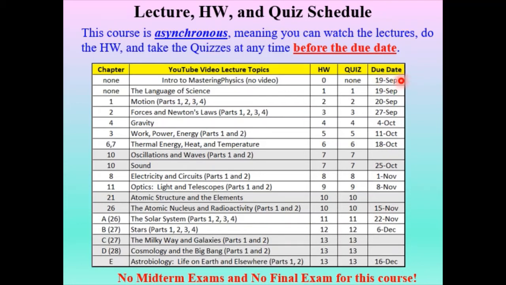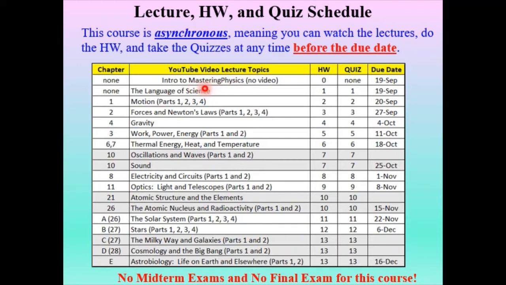So let me show you how this works. The first thing you're going to do once you set up your Mastering Physics account is, there's actually no video for this, but you're going to do homework 0. Homework 0 is just a practice assignment to teach you how to use Mastering Physics.